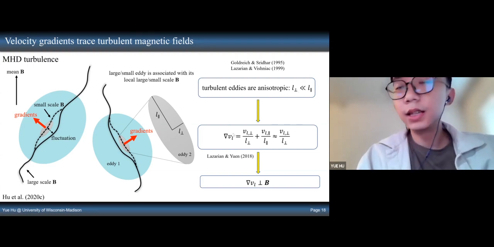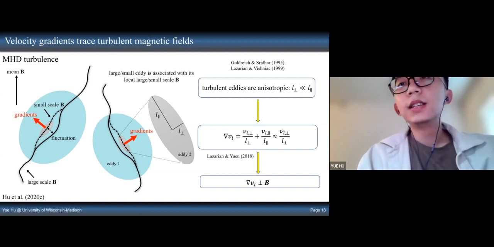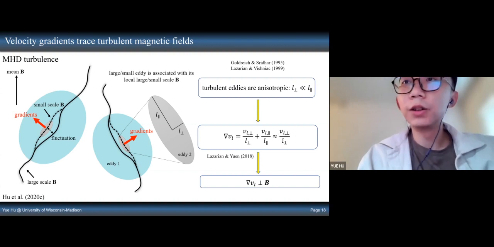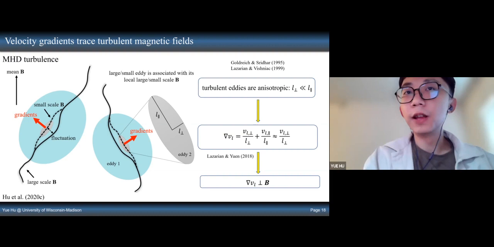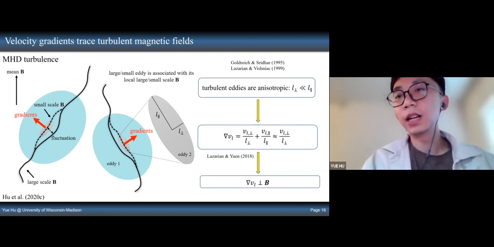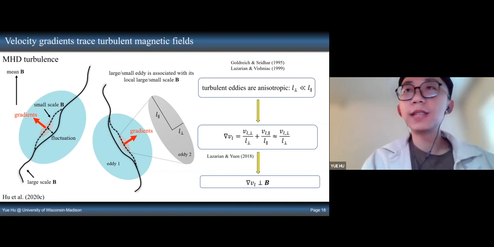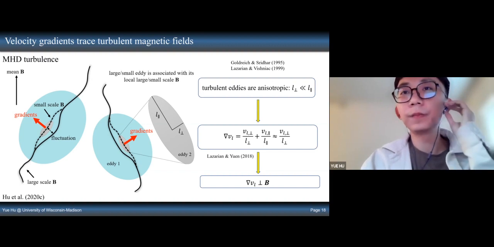If we calculate the velocity gradient in this case, it is dominated by the perpendicular component, so the velocity gradient is perpendicular to the magnetic field. Therefore, we can get the direction of the velocity gradient and rotate it by 90 degrees to get the magnetic field orientation. This is the basic idea of how we can use the velocity gradient to trace the magnetic field.